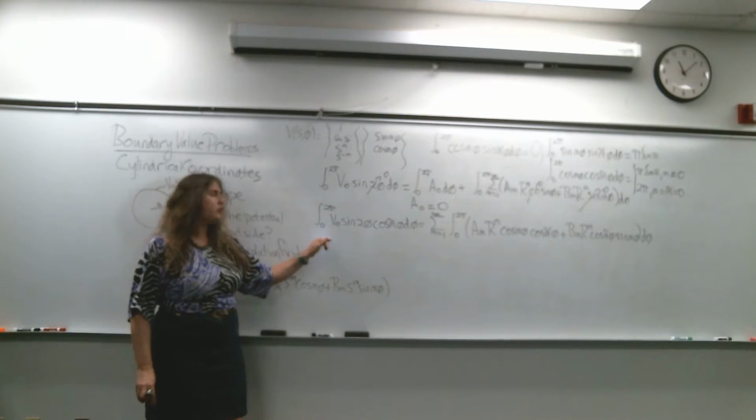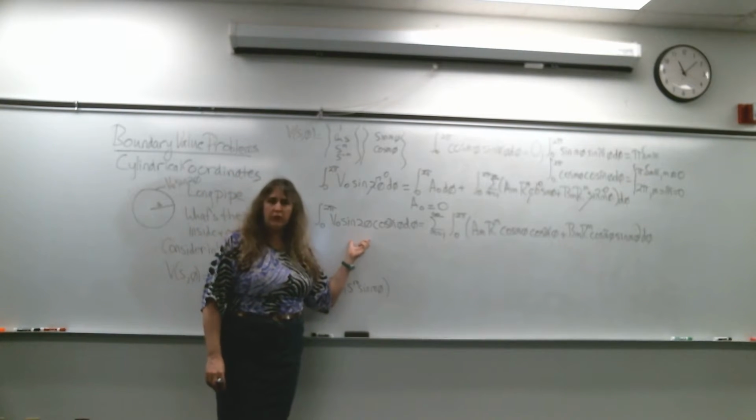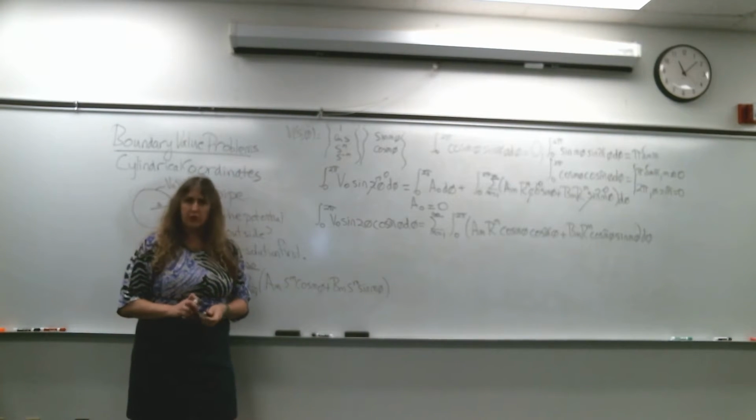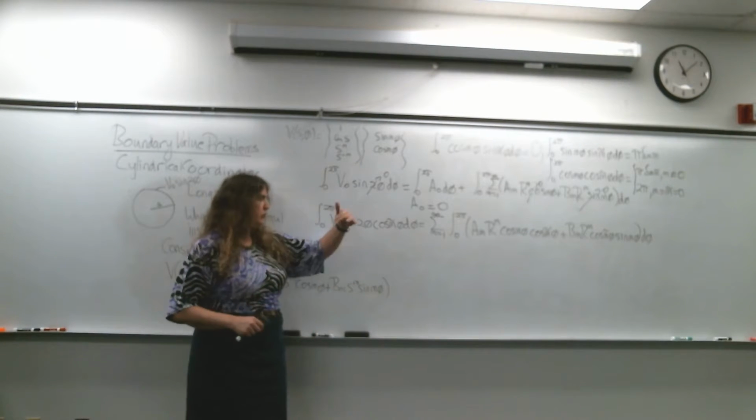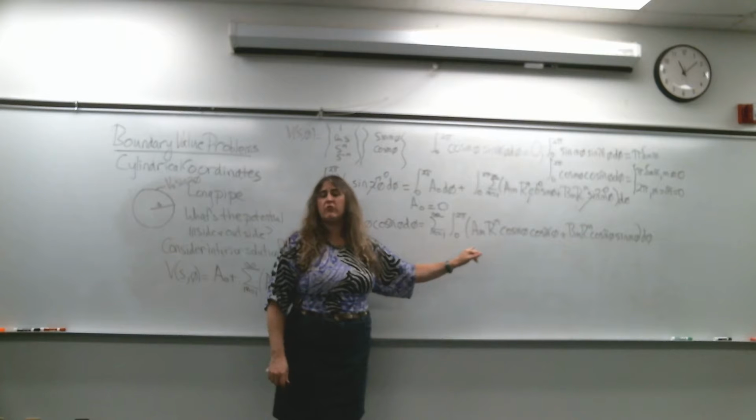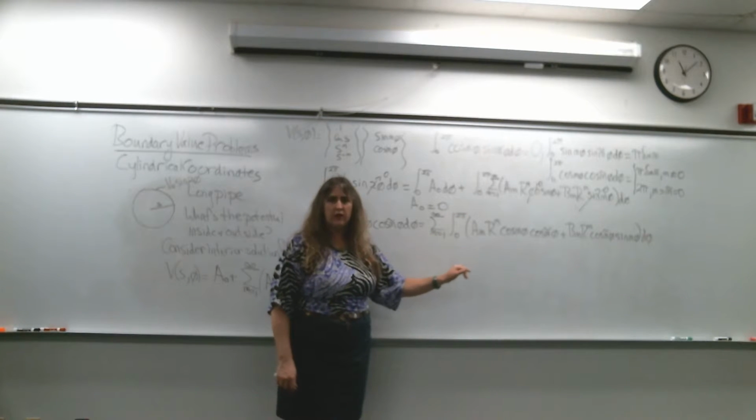So we have the integral from 0 to 2 pi of V naught sine 2 phi, again, that's the potential on the surface of the pipe, times cosine m tilde phi, integrating from 0 to 2 pi. On the right-hand side, we have the summation from m equals 1 to infinity.